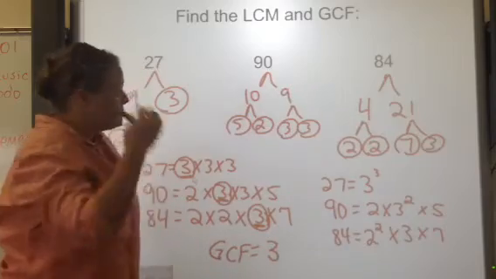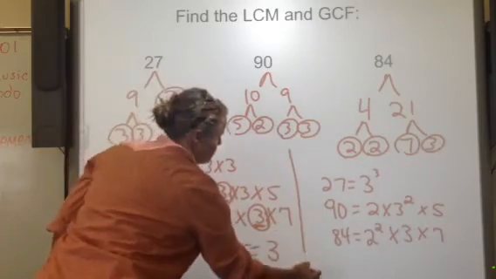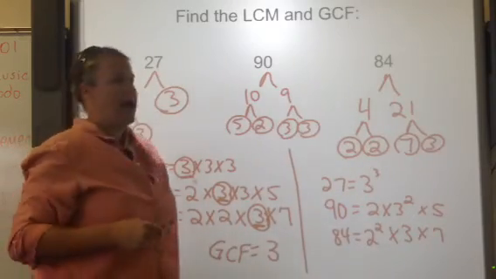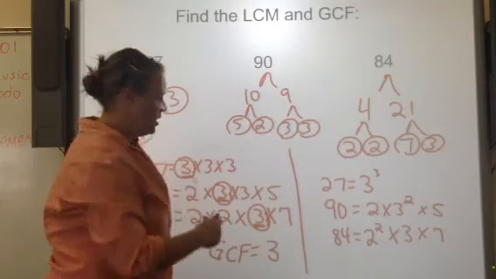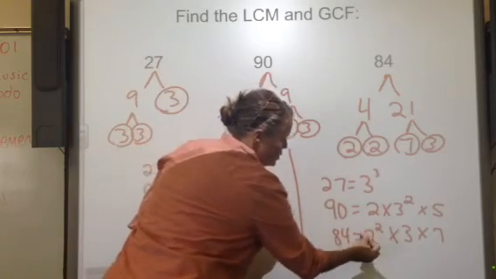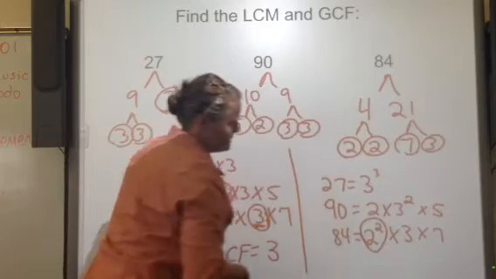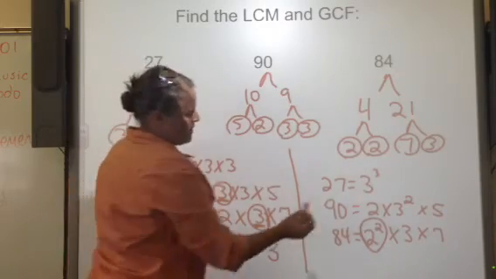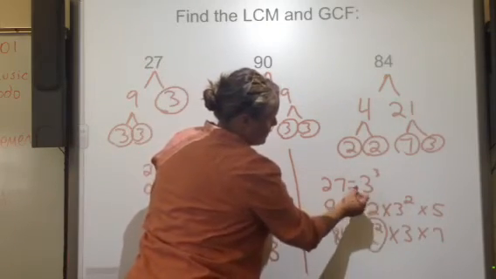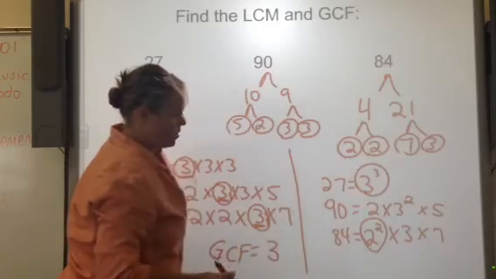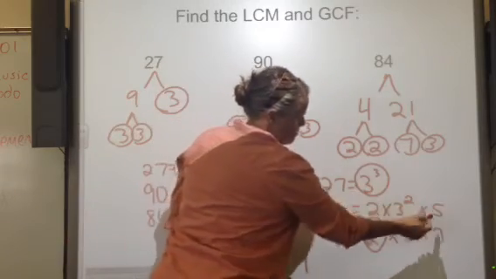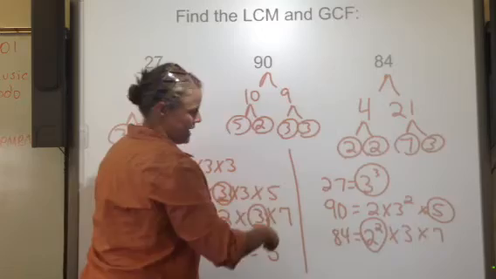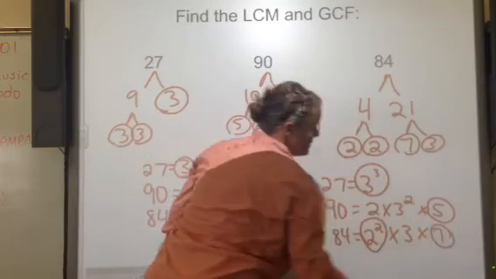So this time with the LCM, you're trying to find the highest power for each number. So with my 2's, the 2 to the 2nd power is the highest power. With my 3's, my 3 to the 3rd power is the highest power. My 5's, 5 to the 1st power, and my 7, 7 to the 1st power.